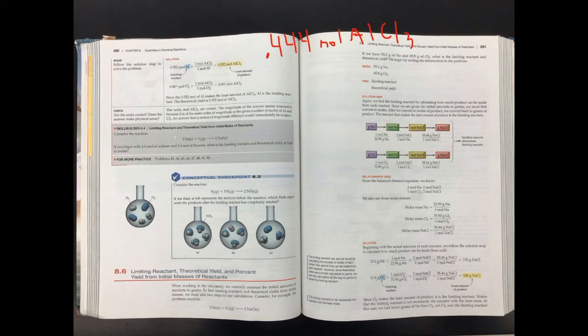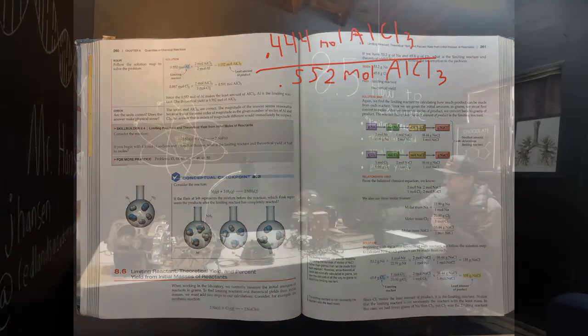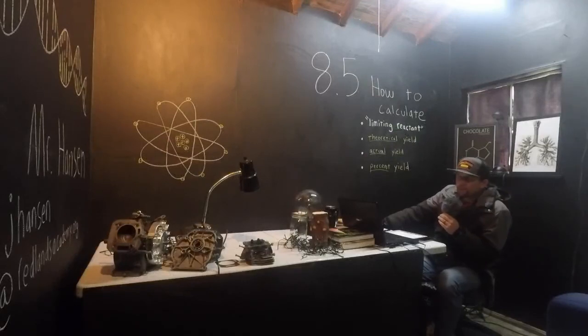And so if you only got that much, but you should have gotten 0.552 because that was your theoretical yield, then you can see how well you did. Just simply do that division problem and you'll have a number that you can multiply by 100 to get a percent.